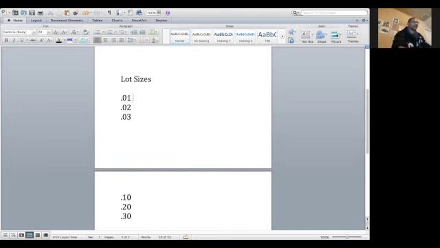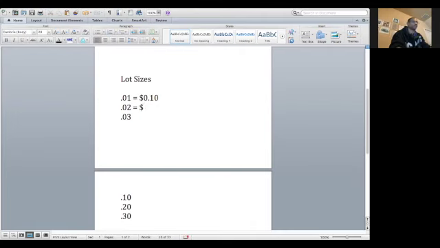Now with 0.01, you always move the decimal point one place to the right when calculating what the lot size equals in actual money. So 0.01 will become 0.1. Now, that doesn't look like anything you recognize off the top of your head, so then you just add a 0. That should make it obvious to you now. It's 10 cents.